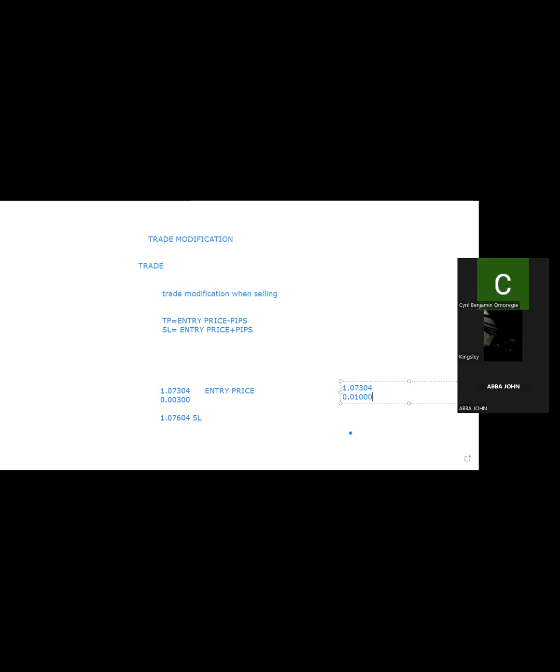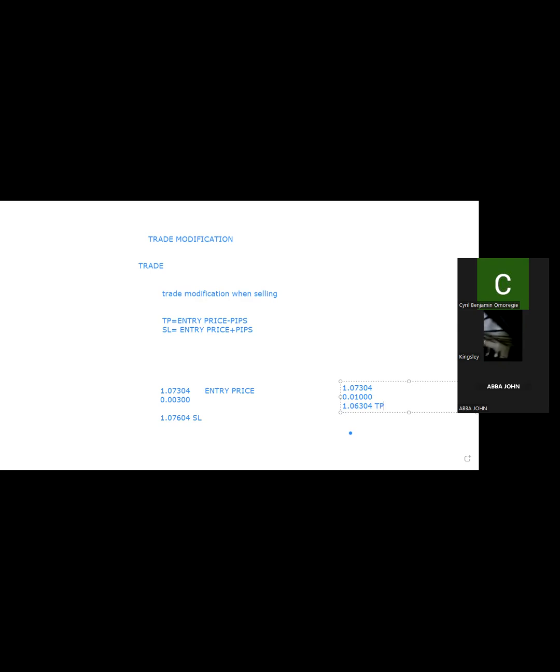The formula says in a cell, entry minus pips. Hope you got that. So this time around, by the time I subtract, I should have 1.06304. Exactly.